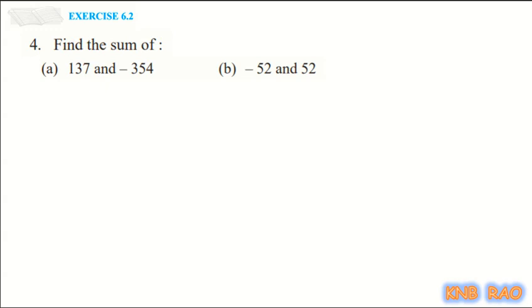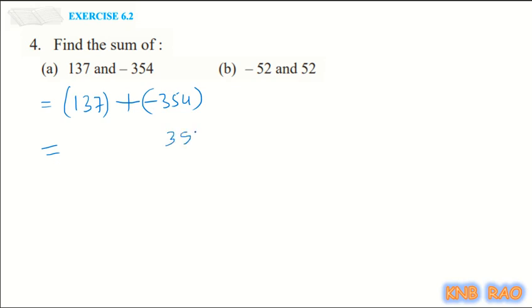Next, here find the sum of 137 and minus 354. So, we are asked to find the sum. That means first, amongst them, which is bigger? Here one is negative, another is positive. So, here 354 is bigger than 137.